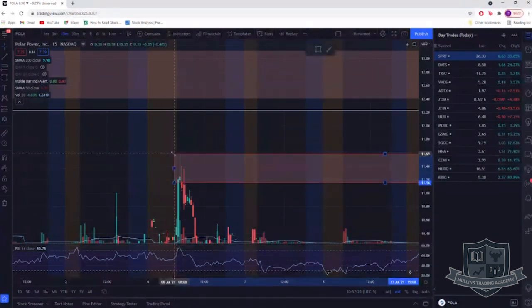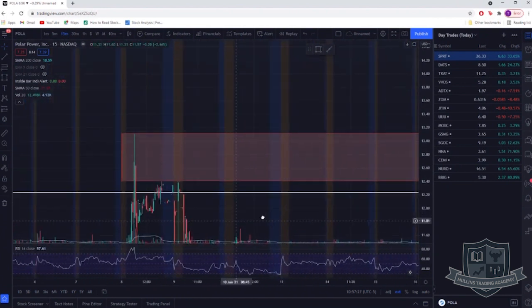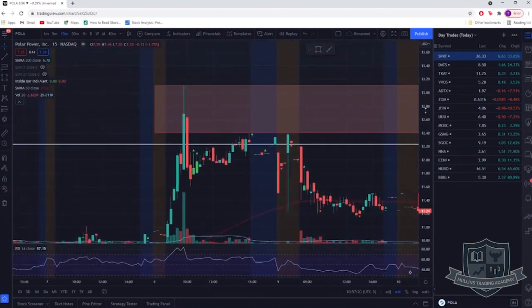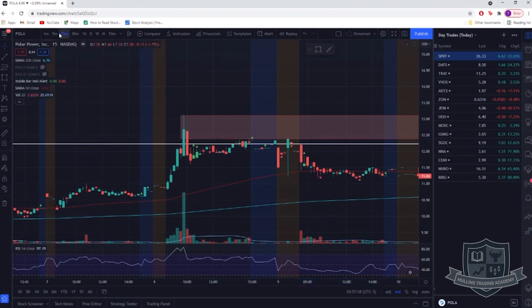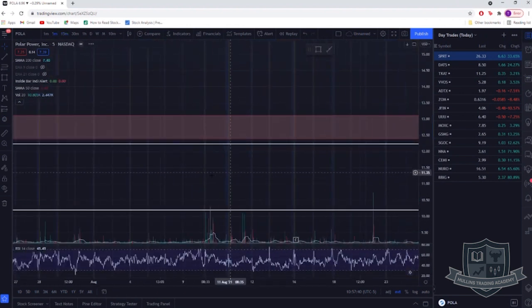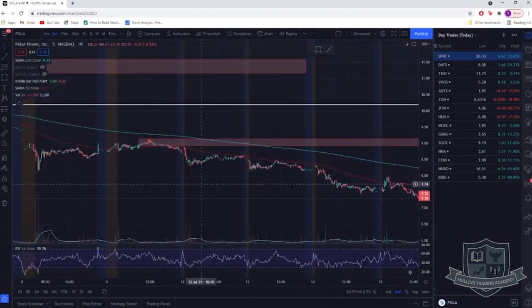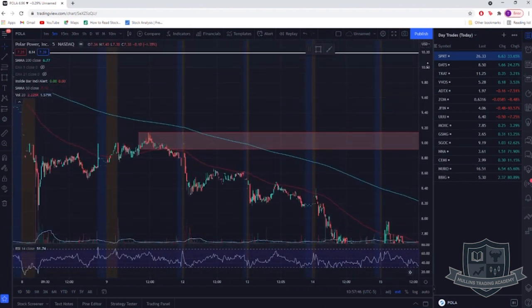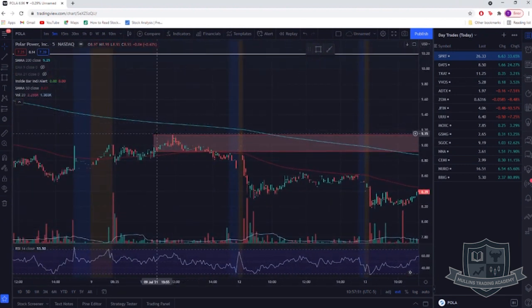For sure, because it looks like there's already been a lot of price run through of January's run, so I wouldn't necessarily expect a lot of those zones to still be fresh and active, whereas these zones have not been run through at all, so they should be a little more fresh, a little more active.